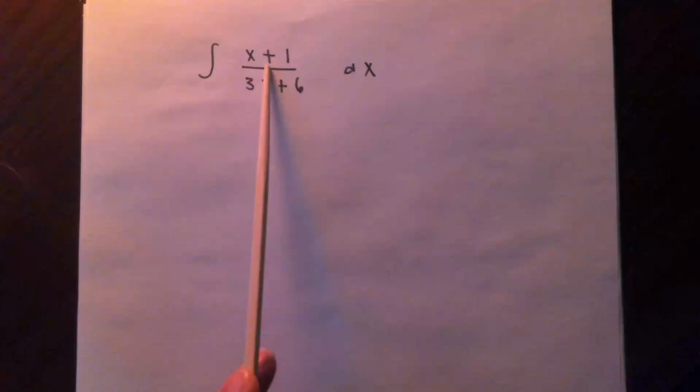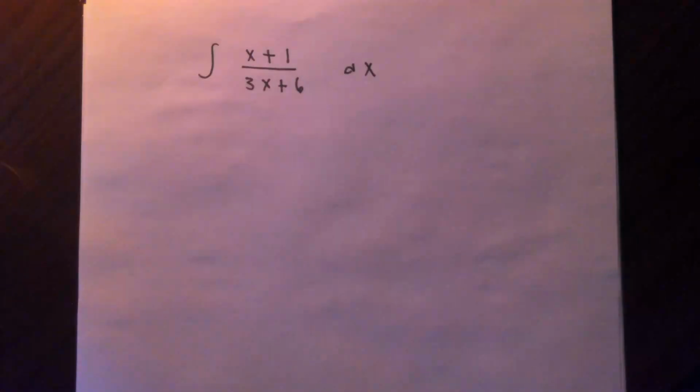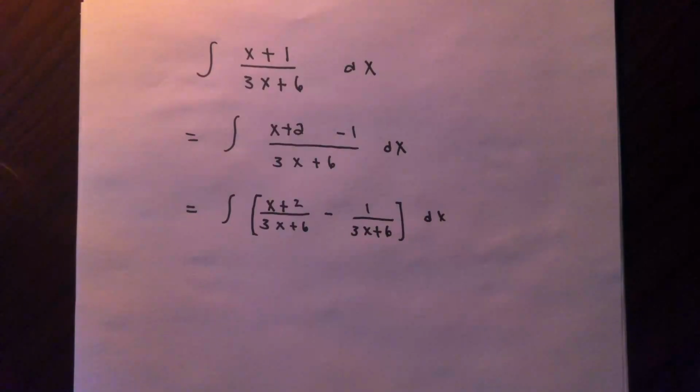If I could do what I'm thinking of doing, I would much rather have an x plus 2 upstairs instead of an x plus 1. I can do a little bit of algebra trickery to make that happen at the expense of having to do a little bit of extra work. So I wish it said x plus 2 upstairs.